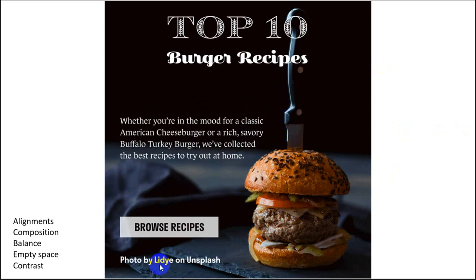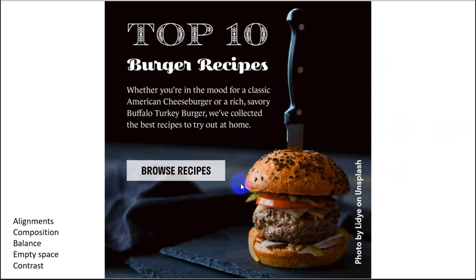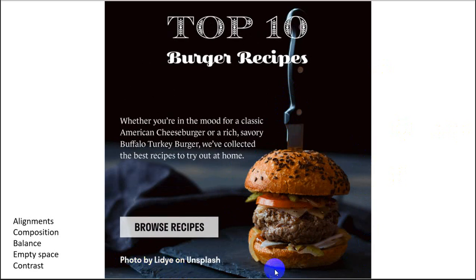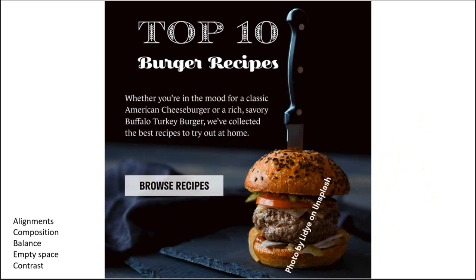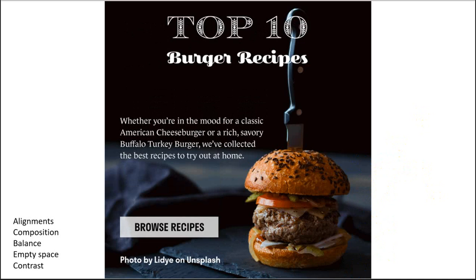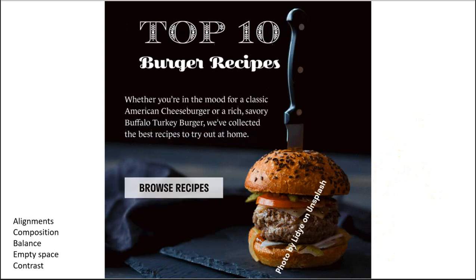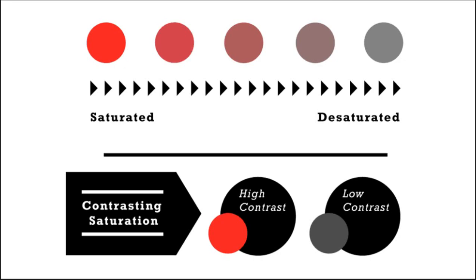This works just fine. But yeah, even tipping things sideways reduces the importance on the page. It's still the same contrast, but by rotating it, you're saying, okay, you're going to have to do work to read this. It's less important. So alignments, composition, balance, empty space, contrast.